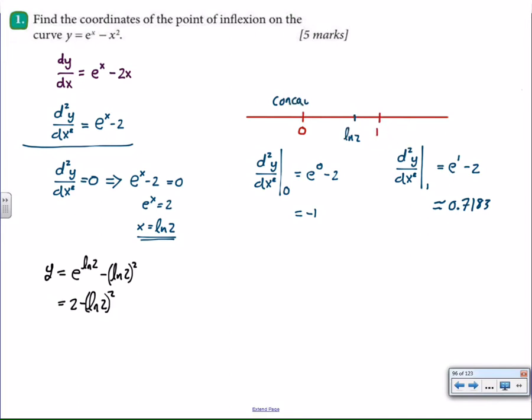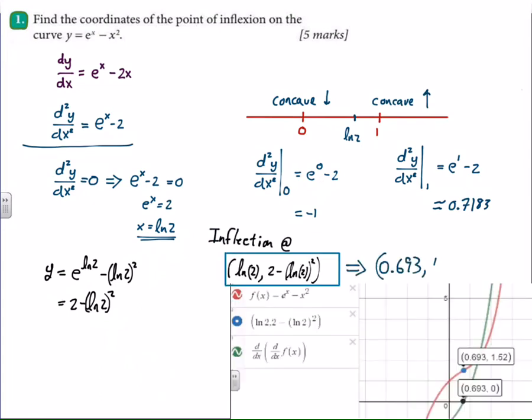So the concavity has in fact switched from down to up, which means we have inflected at the point natural log of 2, comma, 2 minus natural log of 2 squared. Or to the layperson, 0.693 approximately, 1.52 approximately to 3 sig figs.